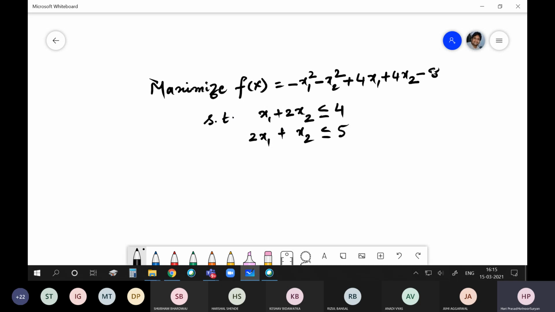Okay, so this is the problem. So you have to find out the maximum of f of x.